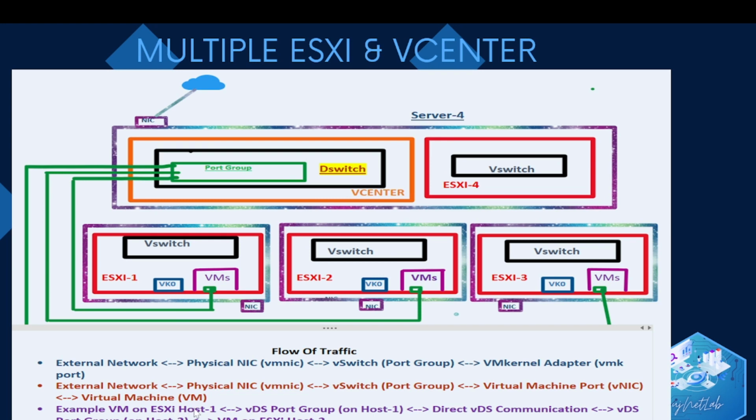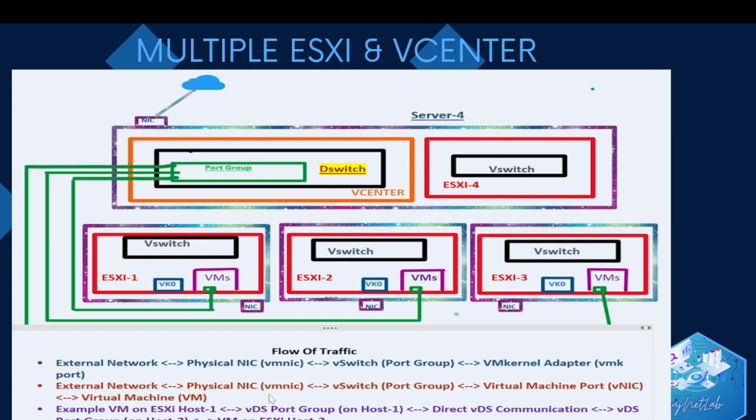For example, let's say you have a VM on the ESXi host and it wants to communicate with ESXi host 2, which has a VM here. Remember, this D switch I have now added onto this ESXi host, so it will be here.